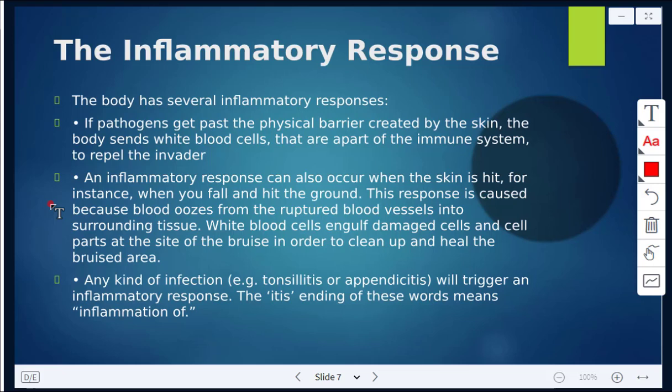Then white blood cells will show up and they'll engulf the damaged cells and cell parts at the site of the bruise in order to clean it up and heal the bruised area. Any kind of infection like tonsillitis, appendicitis, anytime you see an itis at the end of the words, it means inflammation of, that will also trigger an inflammatory response. So those are the three types of inflammatory responses.